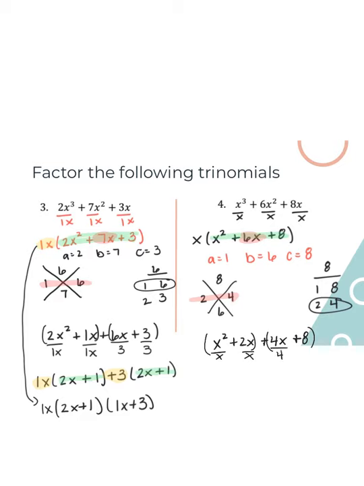And 4x and 8, they both have a 4 in common. X comes out front. X squared divided by x is just an x. And 2x divided by x leaves me with a 2. Plus 4 on the outside. 4x divided by 4 gives me just an x. You can put the 1 in front of that x if you'd like. You don't have to. And then 8 divided by 4 is plus 2.